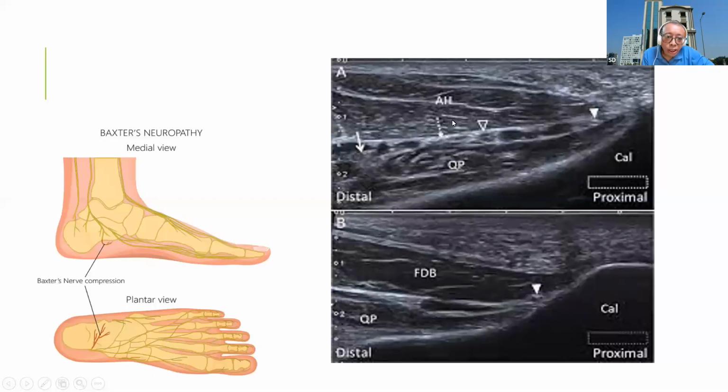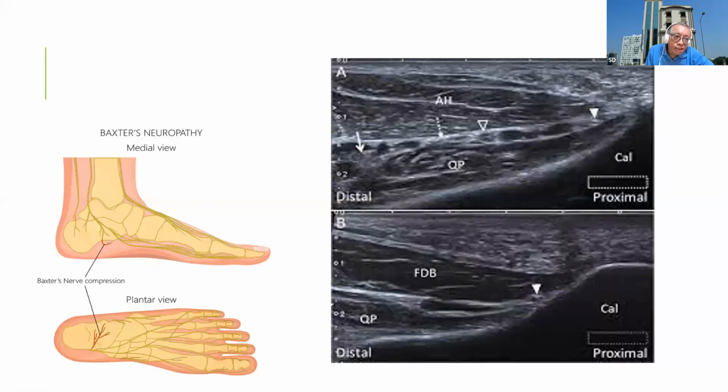On the right side of the picture, you can see Baxter's nerve, shown by the white arrowhead. It lies between the muscle plane of abductor hallucis and quadratus plantae, near the calcaneum. This is the site of compression of Baxter's nerve.